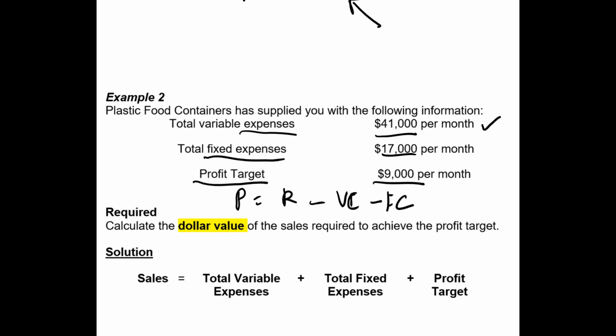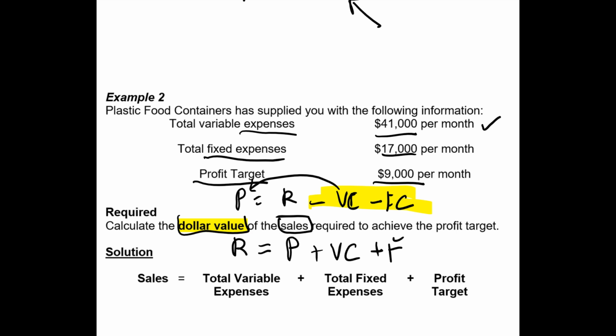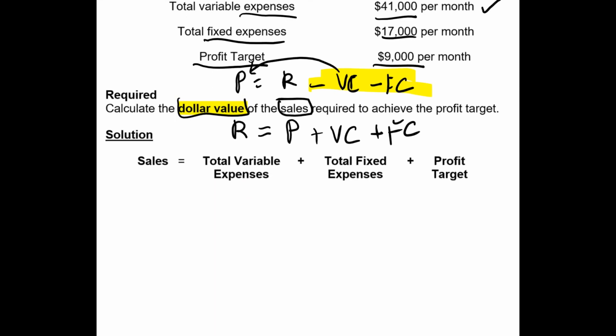Hence, they ask you to calculate the dollar value of sales required. So you move your fixed costs and variable costs to the other side of the equation. So revenue equals profit plus variable cost plus fixed cost. Hence you will get this formula.